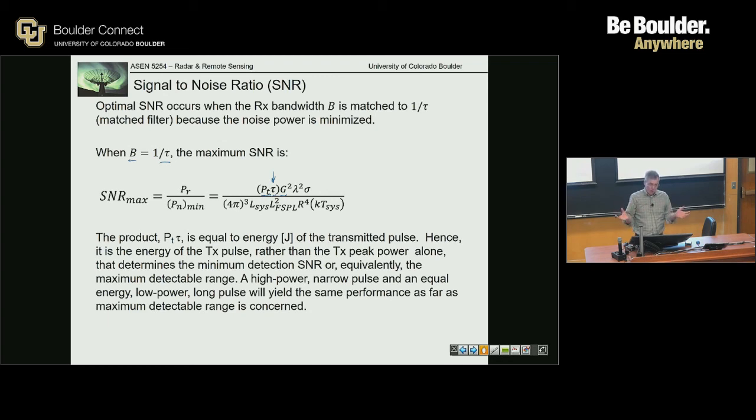Power aperture product is what it's called. Aperture would be the size of your antenna or the gain of your antenna. So the phrase is, what's your power aperture product? And that's like, how much energy can you get out? You can either increase your transmitted power, peak power, longer pulse, or increase your antenna. And they would compare systems by saying, what's your power aperture product?